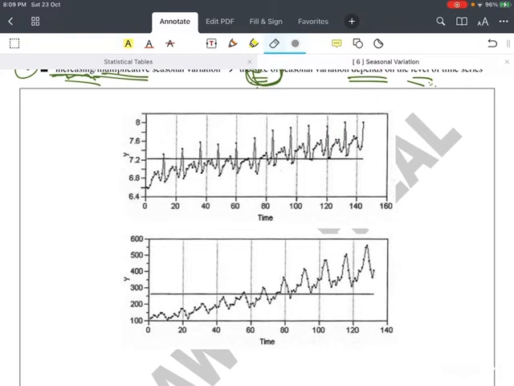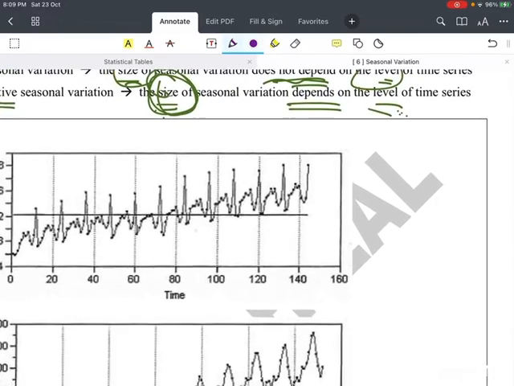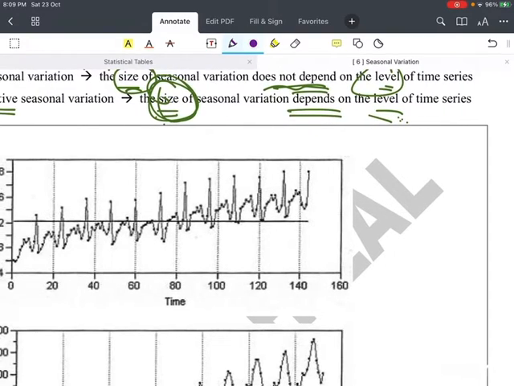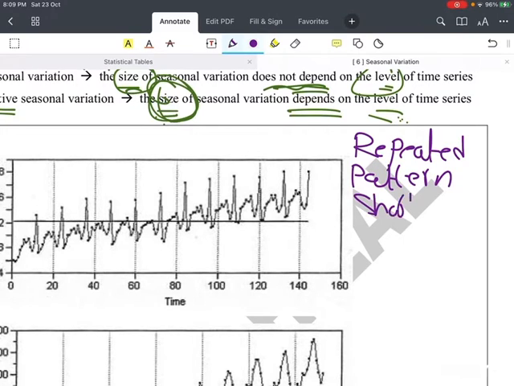We will go to the first graph and check. How do we check for seasonality? We check for a repeated pattern for the short term.